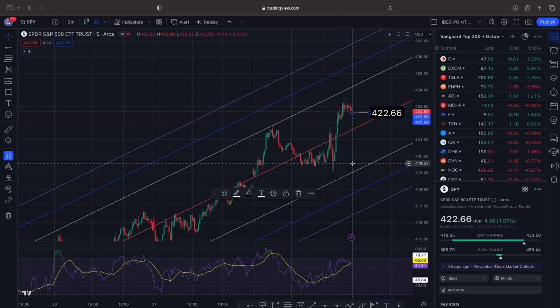Another level of support, 419.04, 417.72, and another possible level of support and buy-in area, 416.47.